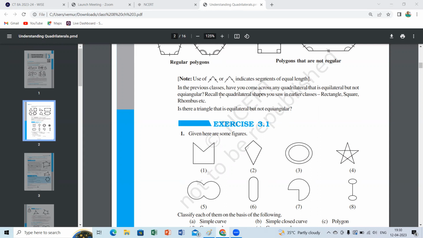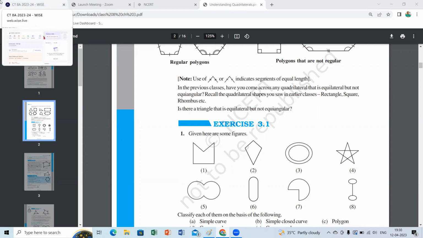Before coming to the exercise part, in previous classes you came across many quadrilaterals that are equilateral but not equiangular.